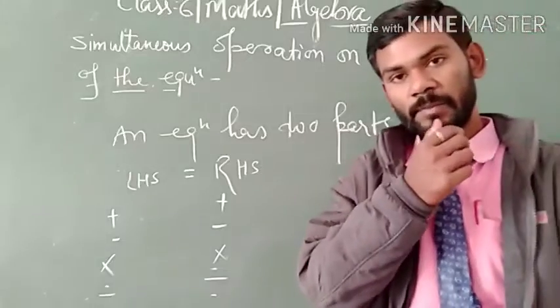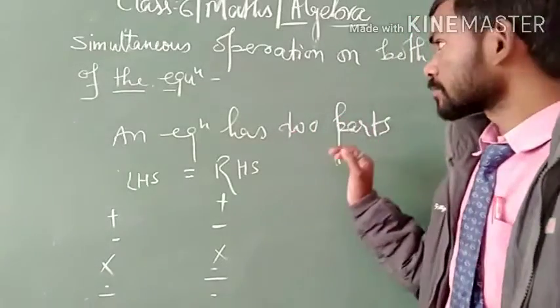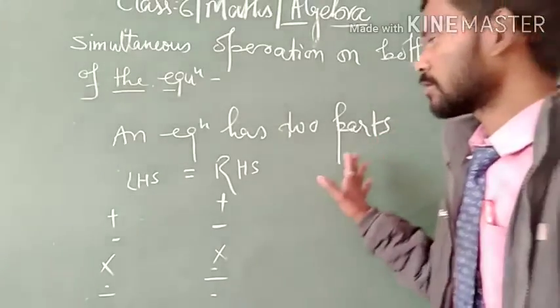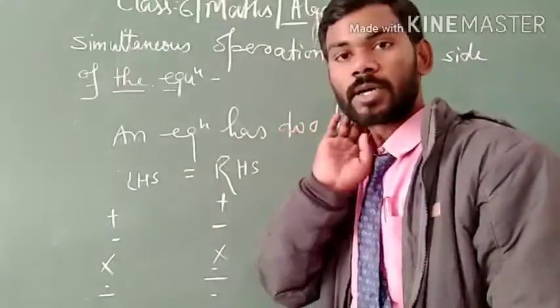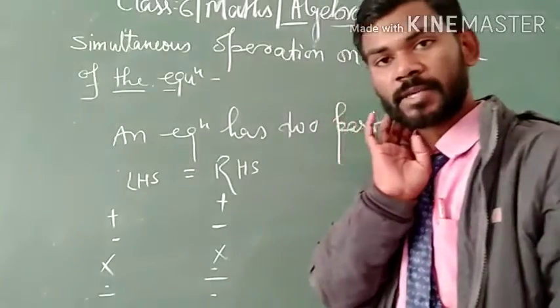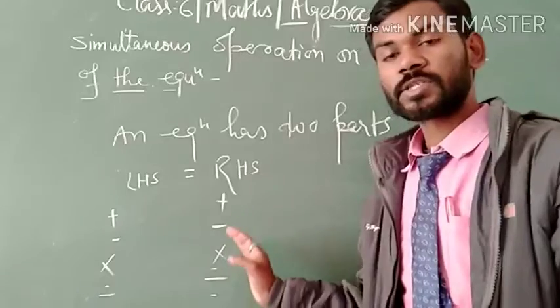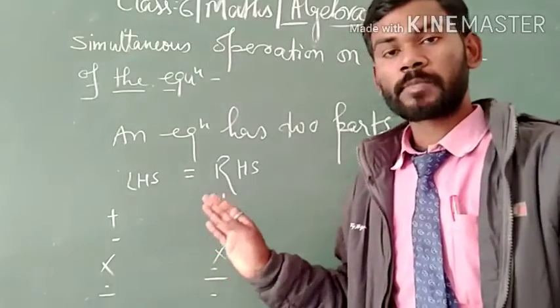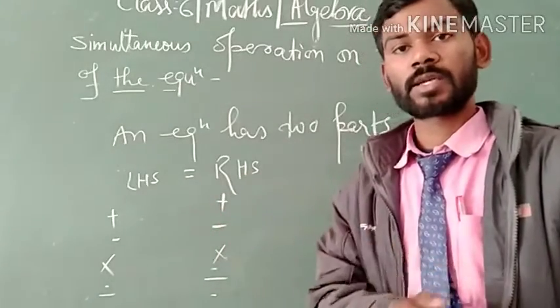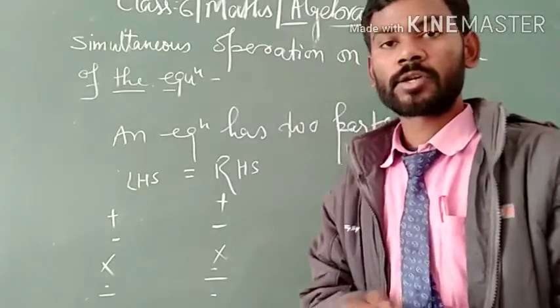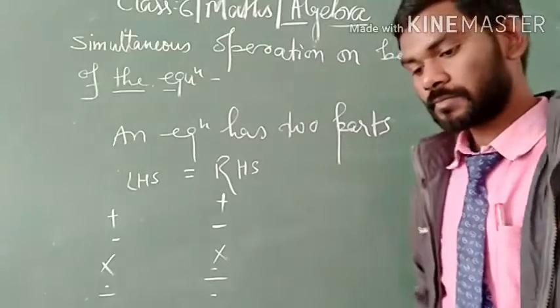This is the statement of this topic. That means, in order to separate the variable quantity from the equation, we follow this rule which states that operate the same quantity on both sides of the equation in order to separate the variable.